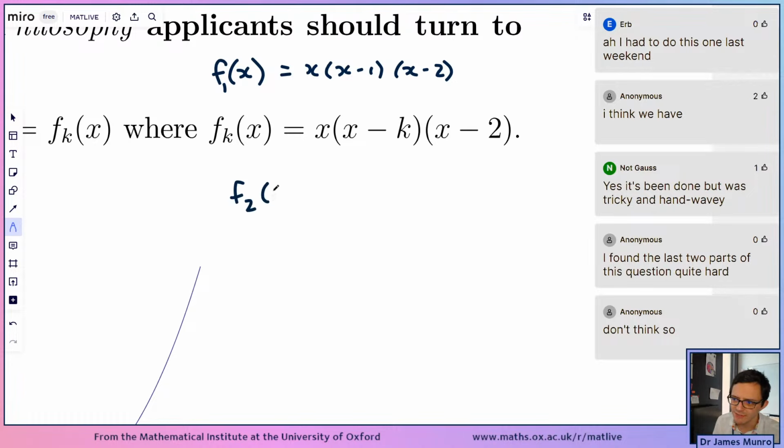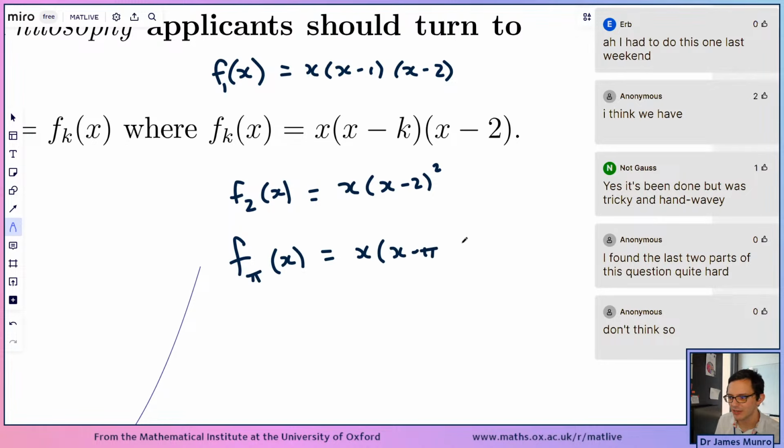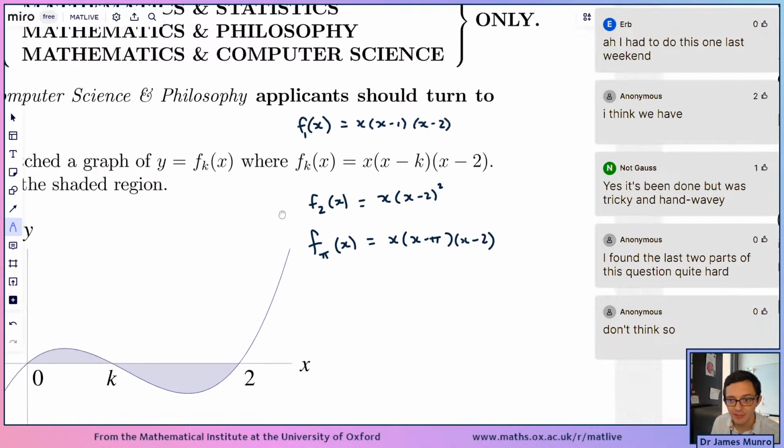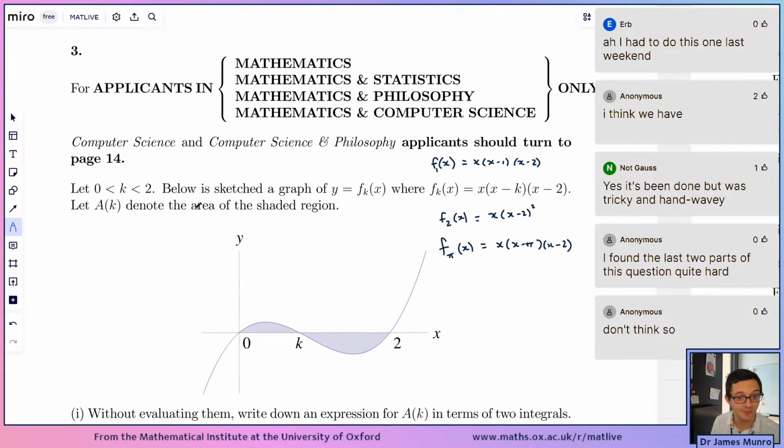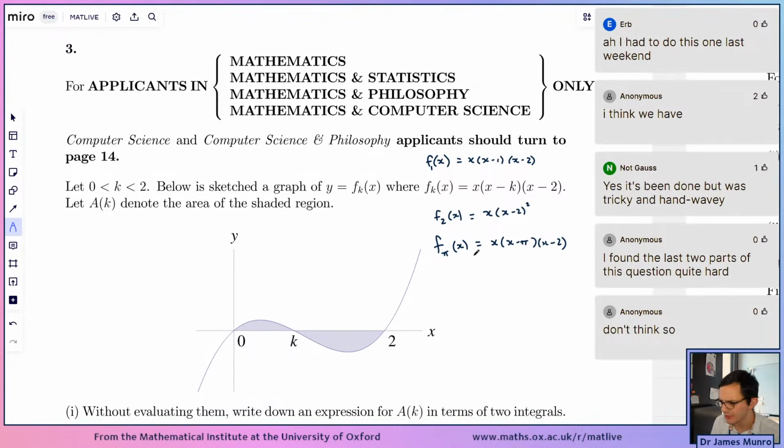But also there's an f2 of x, which is (x minus 2) squared. And this is awkward, but k is just a real number. So there's an f pi of x, which is (x minus pi)(x minus 2). Except I think they've told us that k is between 0 and 2. Okay, so not the f of pi one. We're not considering that one today, but we are considering the others, and stuff that's in between 0 and 2.